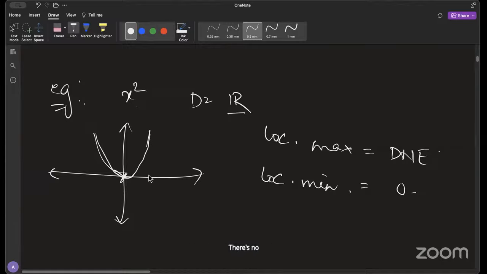There's no local maxima because for every point you take, you cannot find any interval around it where this point attains the maximum. You can always find something greater than this, no matter how small an interval you take. Is that okay?